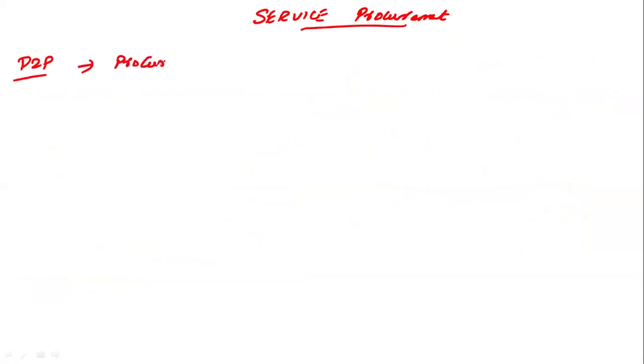So service procurement. The P2P cycle is nothing but procure to pay. What we do here is raise a purchase requisition. This purchase requisition gets converted to a PO.